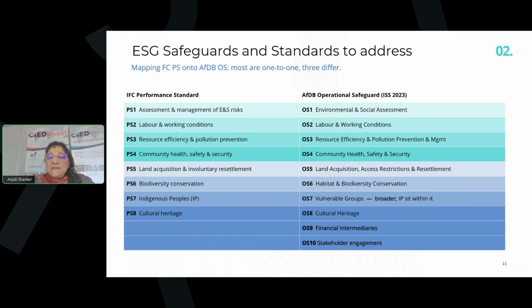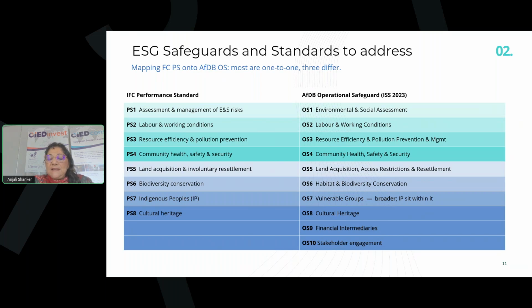The African Development Bank also focuses specifically on broader vulnerable groups than just indigenous people. So here I'm talking about number 7, where in the IFC performance standards, one talks specifically about indigenous people, and African Development Bank takes a broader take on vulnerable groups with indigenous people within it.